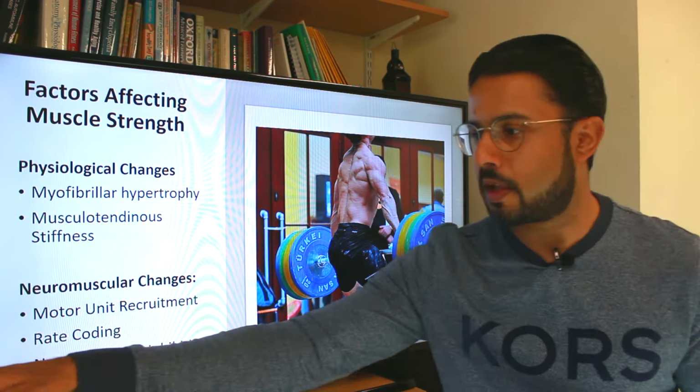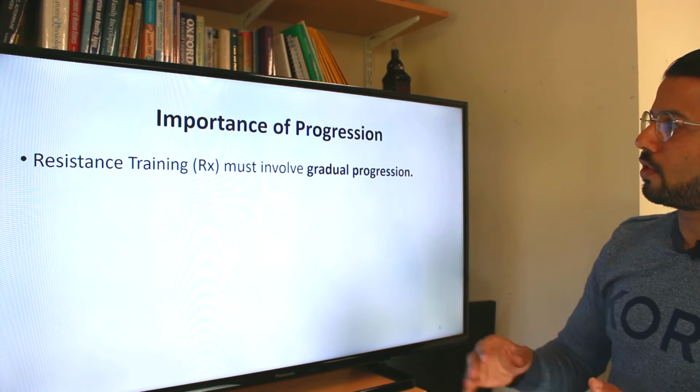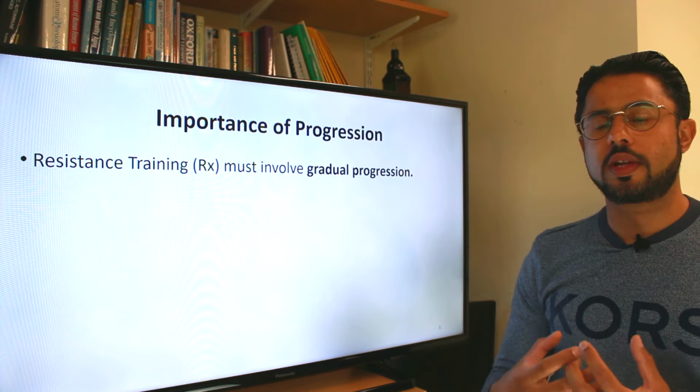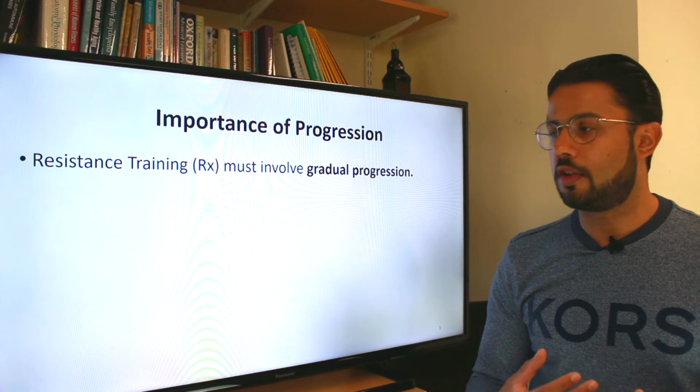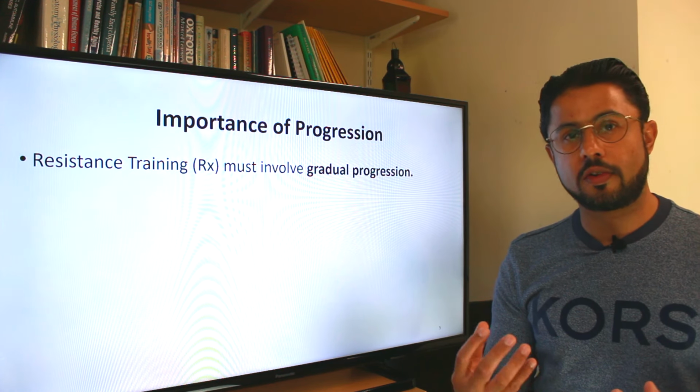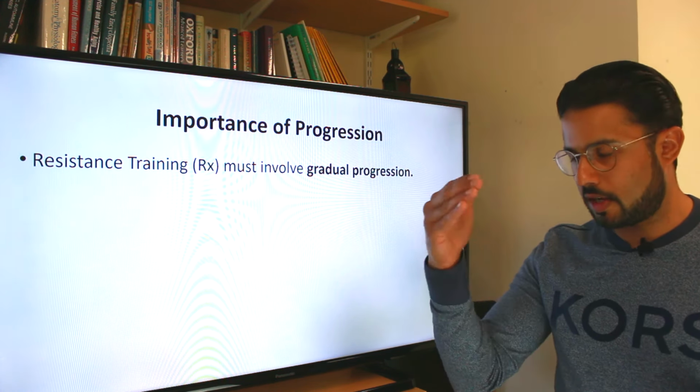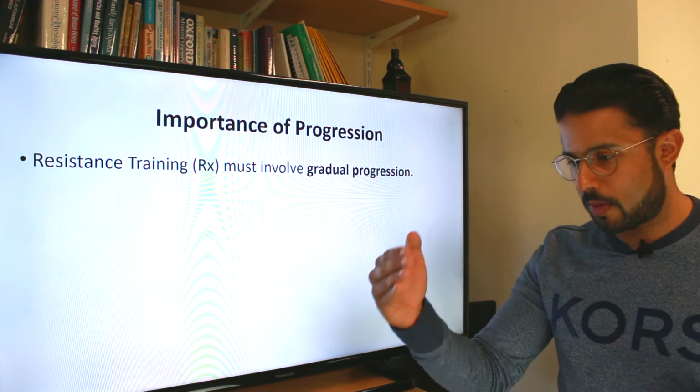Often it takes weeks or months, sometimes years, to reach peak strength or peak performance. Gradual progression acknowledges that the physiological and neuromuscular changes don't happen very quickly. They take time, repetitive training, and very structured and specific training.